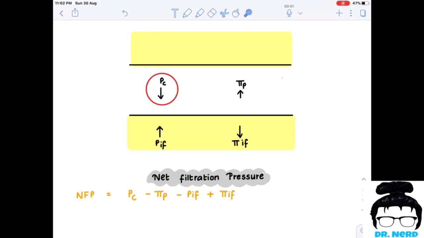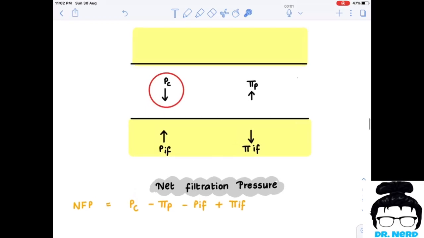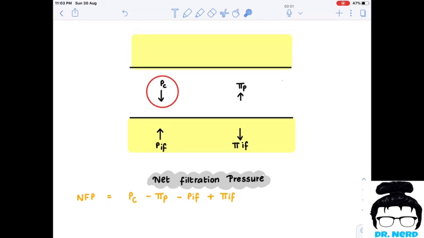So we have to check all the other pressures in relation to the capillary hydrostatic pressure. If any pressure has a direction opposite to capillary hydrostatic pressure, it is going to be subtracted.